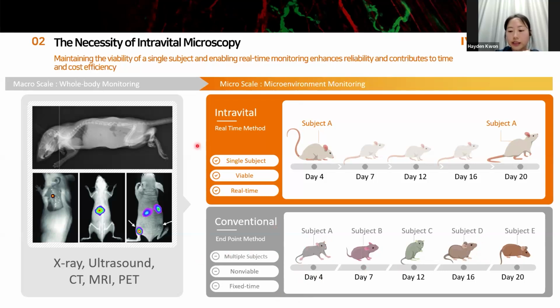In contrast, our system allows longitudinal imaging within a single living subject at precisely defined intervals, dramatically improving consistency and reliability. Beyond static image acquisition, it enables real-time dynamic visualization of biological processes as they unfold, offering a far richer and more accurate perspective on complex physiology.